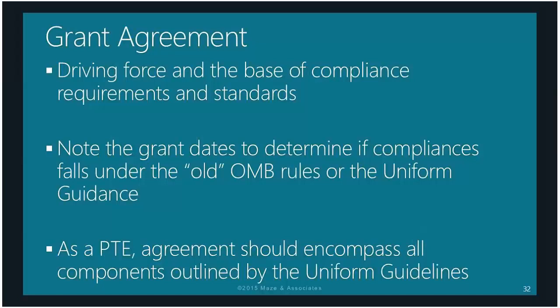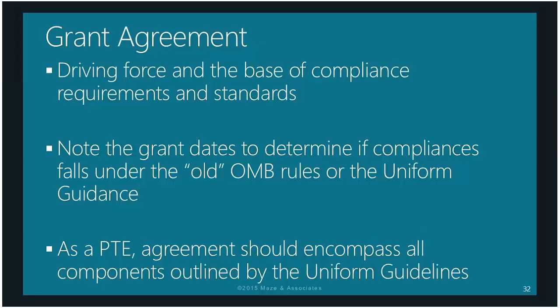Again, as a pass-through entity or maybe as a subrecipient, the grant period determines whether you're testing under the old or new compliance, and that is the original federal award date.